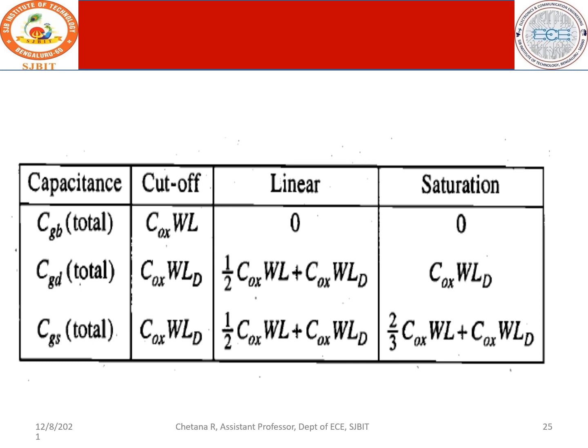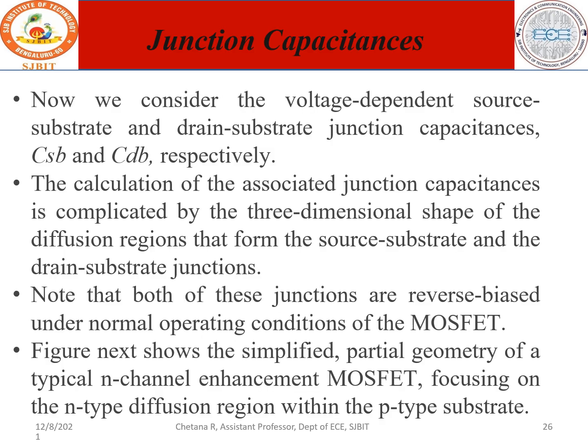CGD in saturation is COX W L D. CGS, CGB. This is how the capacitances exist in the different regions.